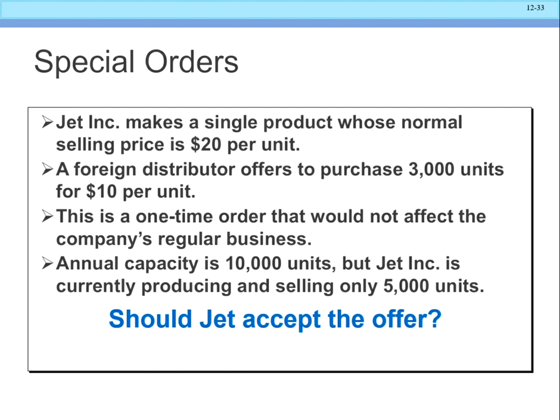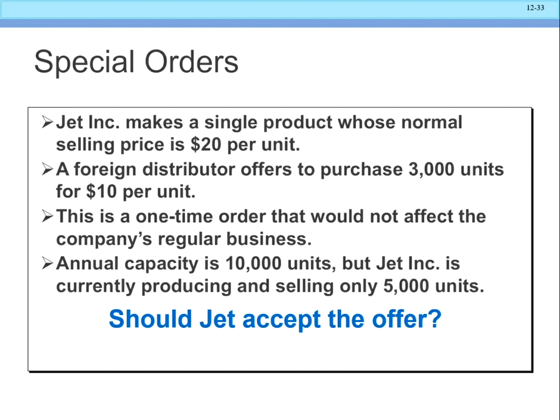Okay, so we are saying this is a one-time order that would not affect the company's regular business. So it's a one-time order, once off. Annual capacity is 10,000. The company is only producing and selling 5,000.